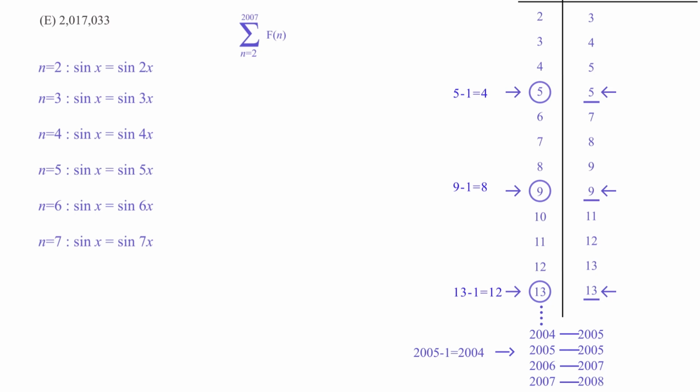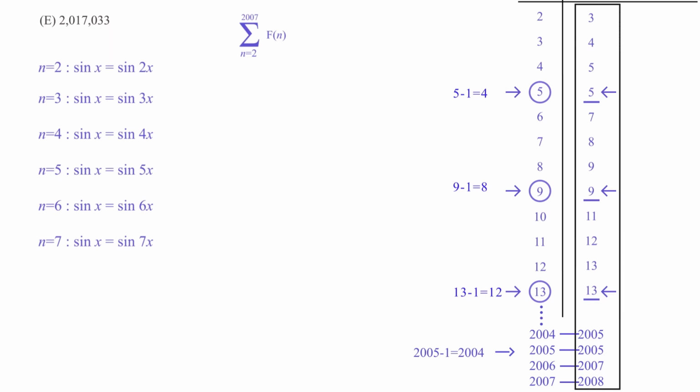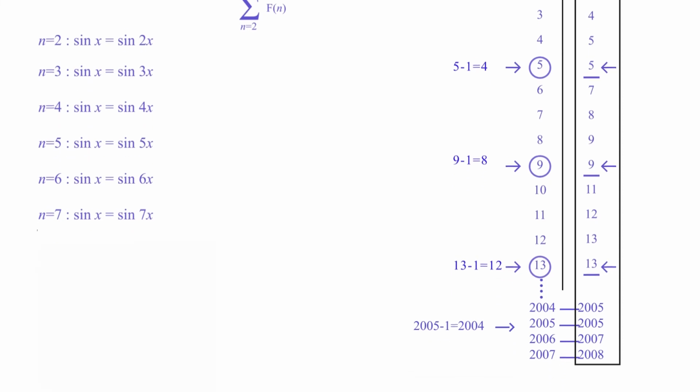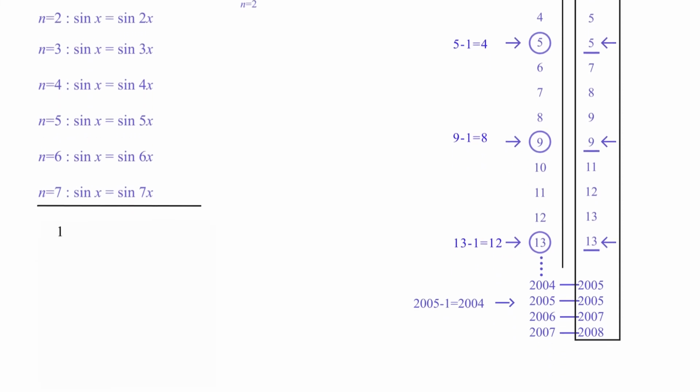Okay? So now my task is to add up all of these guys. I have to add up this whole column right here. So that's basically very similar to the following.